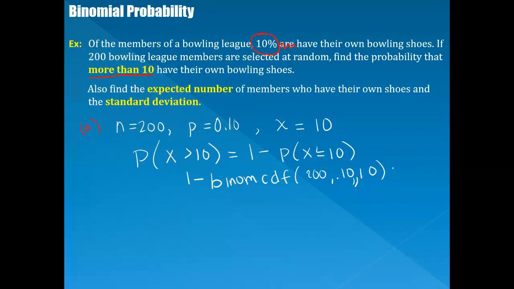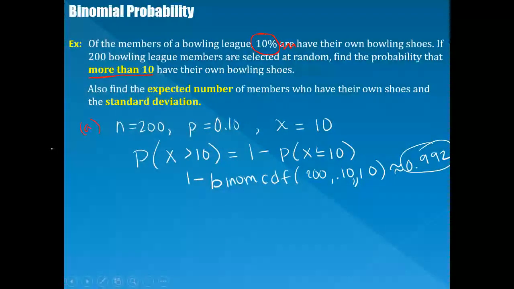I get approximately 0.992. Okay, so that's the probability that more than 10 have their own bowling shoes.